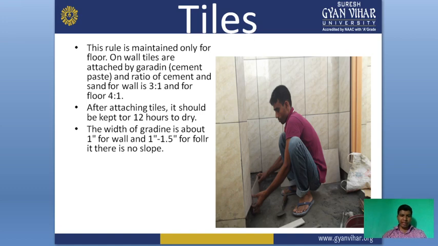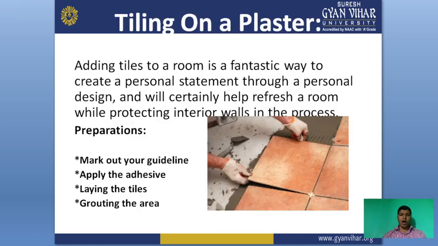The width of the grade line is about 1 inch for wall and 1 by 1.5 for floor if there is no slope. How will we fix tiling on a plaster? The figure shows how tile is fixed on a plaster.